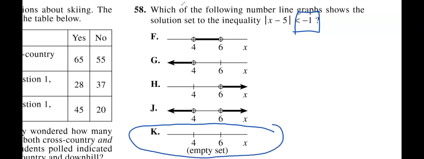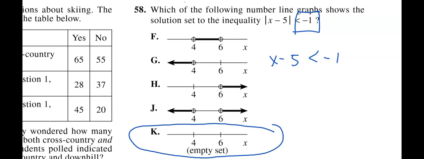Right, DNA. Yeah, that's impossible. Now, if you add the 5 to it, then absolute x is less than 4. Okay. If you want me to work out the algebra, I can show that to you. So we can split this into x minus 5 is less than -1.